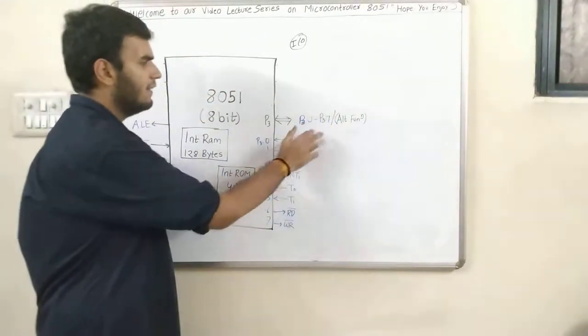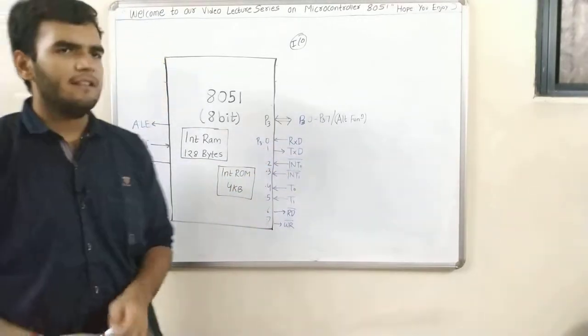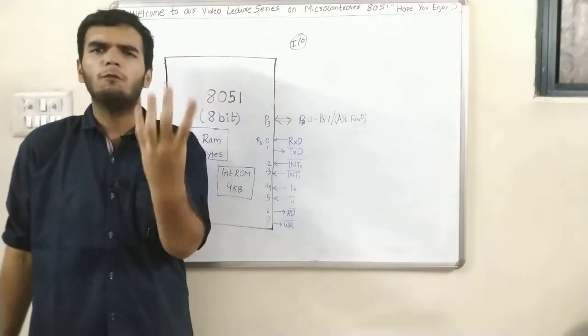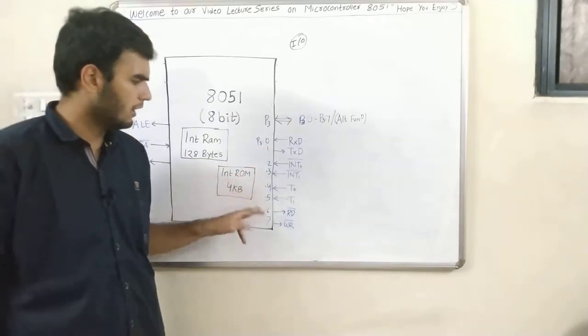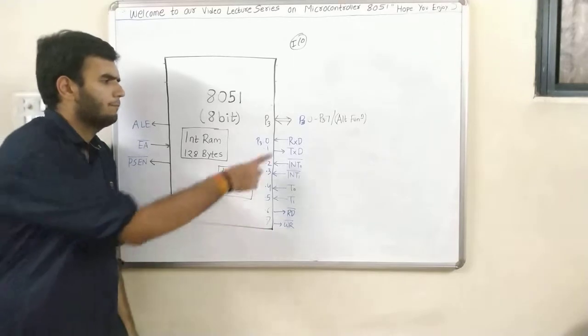Since it has 8 pins ranging from 0 to 7, they are divided into 4 groups of 2 pins each. You can see group 1, group 2, group 3 and group 4. Now let us see all that.